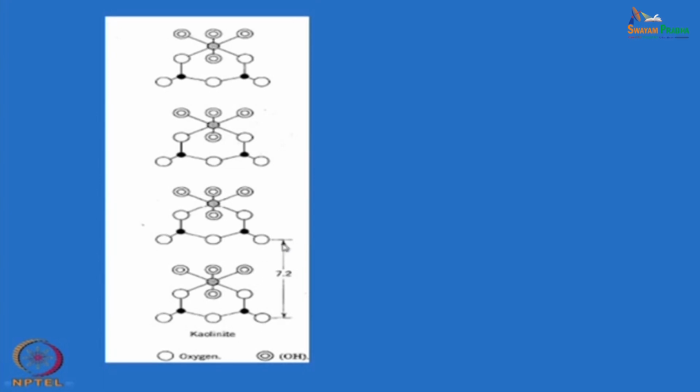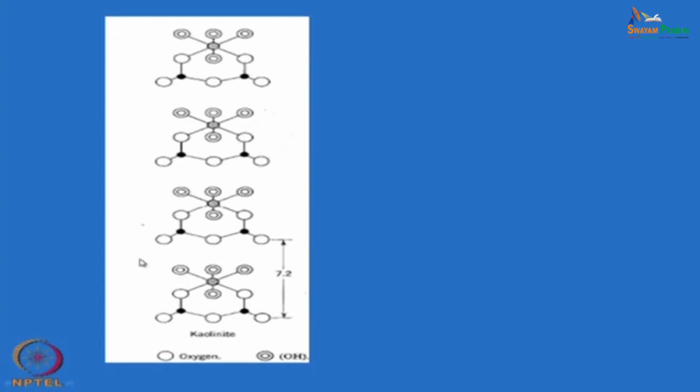So, the layer is about 7.2 angstroms, and this layer and this layer are bonded together by van der Waals bonds. There is no other chemical bond except a van der Waals bond, and these bonds are very weak. This is a very strong bond because they have ionic bonding between these different ions. So, this is difficult to separate.